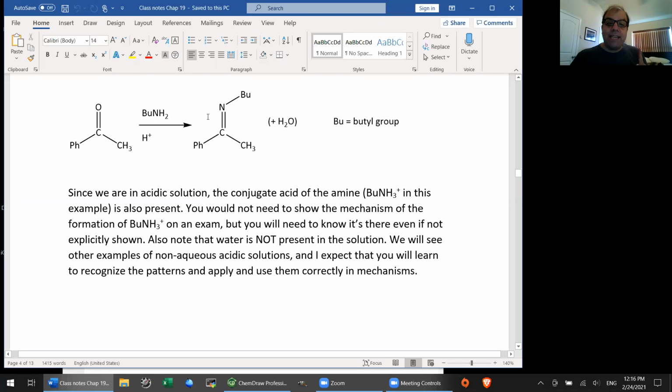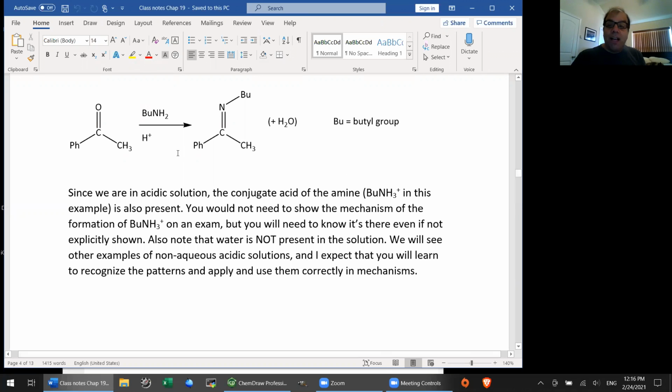So we need to get down, again, that we focus on what we're given. We're given the ketone or aldehyde, we've got our primary amine, and we've got a catalytic amount of some acid. Now, what's that acid going to do? Well, if it's an acid like H2SO4, HCl, one of these strong acids, of course, it will dissociate completely, and you'll be left with some of the primary amine molecules getting protonated to generate the conjugate acid, which I talk about over here.